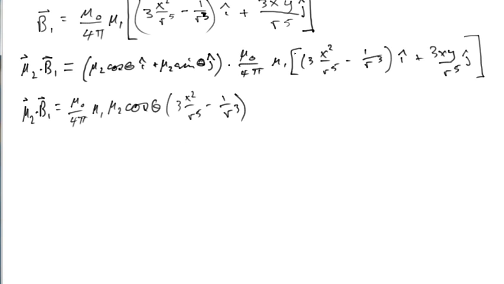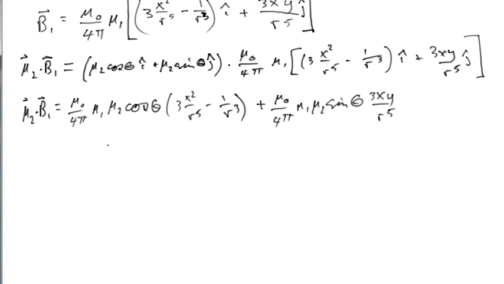Alright, that gives me the first part, and then plus this I hat dotted into j hat gives 0, j hat dotted into I hat gives 0, so the next one that gives me something non-zero is the j hat dotted into j hat. So everything that's multiplying there, I got the mu0 over 4 pi mu1, and then times the mu2 sine of theta, and times the 3xy over r to the fifth. And the j hat dot j hat was just 1, so pure number there.